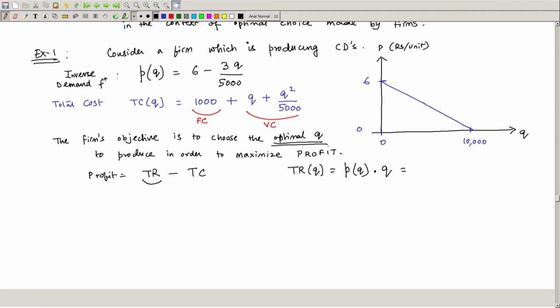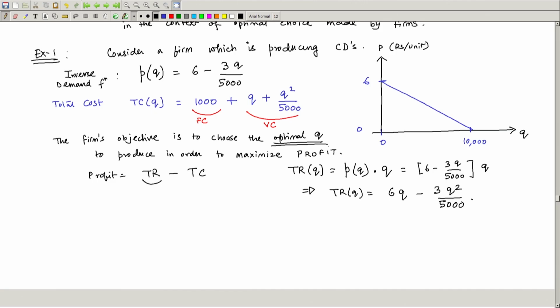The total revenue is a function of the quantity. So, P as a function of Q, I can write as 6 minus 3Q by 5000 times Q, which implies that my total revenue is 6Q minus 3Q square by 5000.